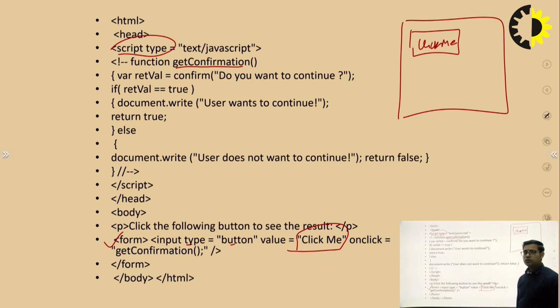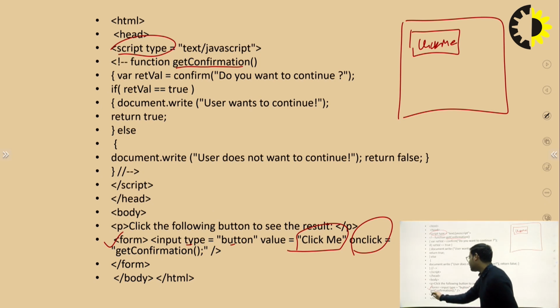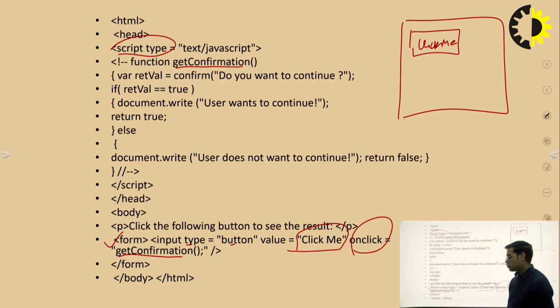Whenever the user clicks on this button, some event is performed, and as I already told you, this is a JavaScript event. So onclick is an event where the function is called, and the function name is getConfirmation. Okay, so the console now searches where this function is specified or present in this code.